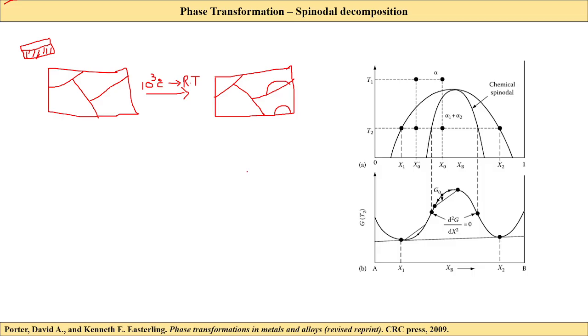For example, in homogeneous nucleation, if this is my container liquid pool, a grain starts to nucleate at the center. Just a hypothetical case. You have equiaxed homogeneously nucleated grains, and at the center it will start to grow. That's why we call them equiaxed grains.